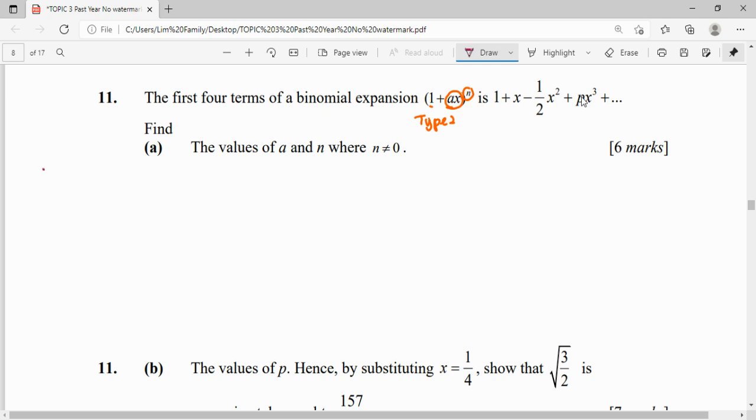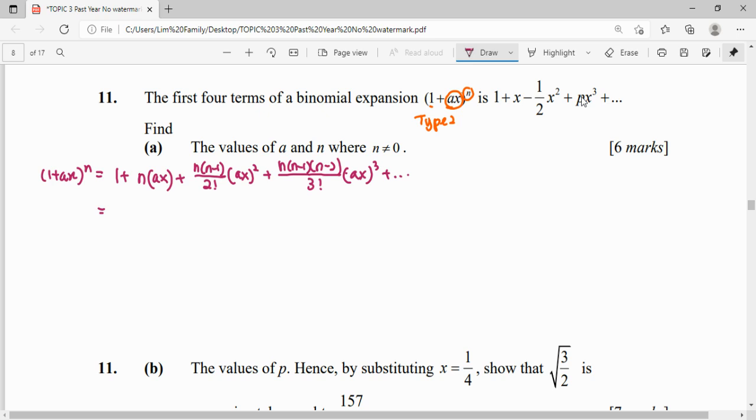So first of all, (1 plus ax) power n will equal to 1 plus, where the power is n, the thing we want to expand is ax. Then continue: n times (n minus 1)(n minus 2) over 3 factorial times (ax) power 3.